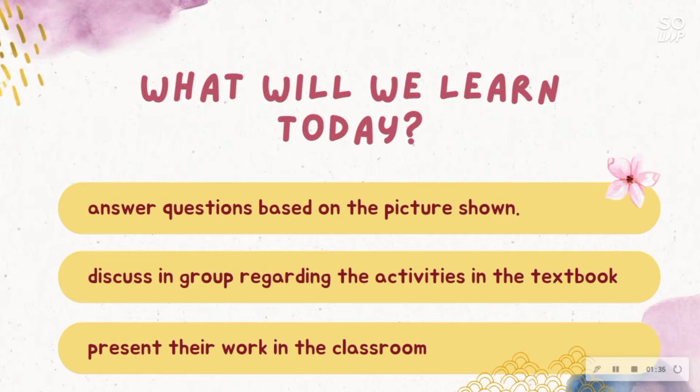Because it's speaking skills, speaking presentations, I want them to speak and present what they have discussed, rather than just discussing, because I could not know what they discuss among the group. So I want them to present the work in the classroom so that every classmate could understand what they discussed and they can share with everyone. Then it can train them to speak in the classroom and be able to speak more confidently.